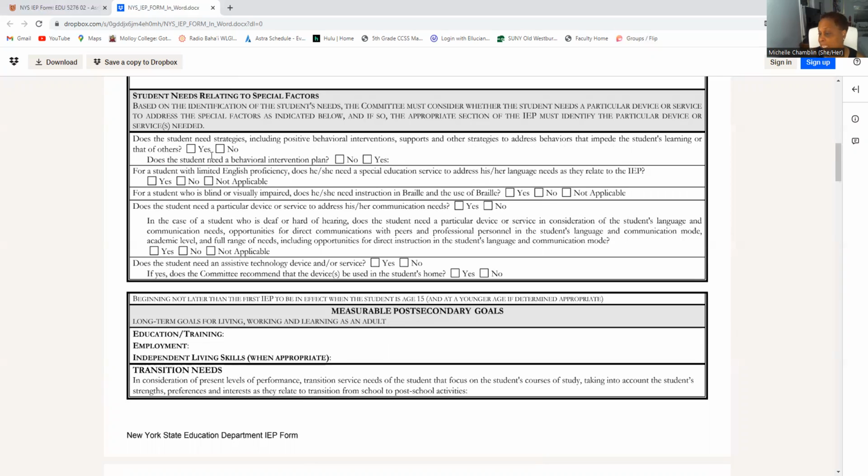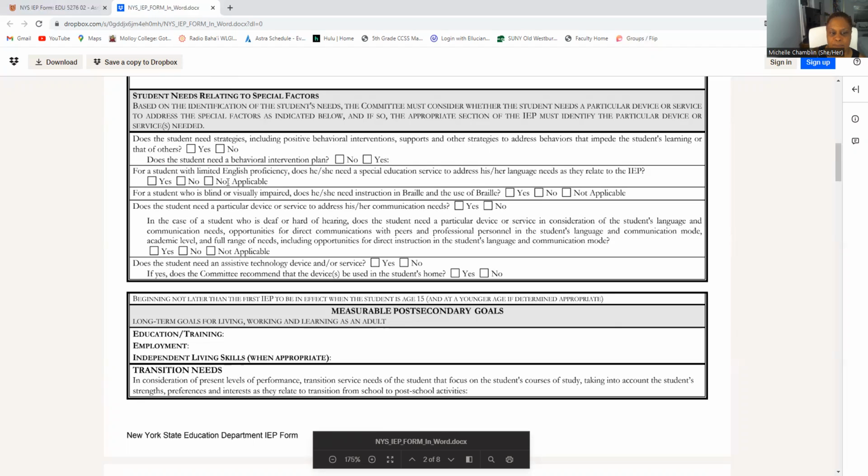Usually there is a team, and they are discussing what the student needs. Does the student need a behavioral intervention plan? If so, we put yes, and then we make a statement about the plan, or just generally what the plan would be addressing.